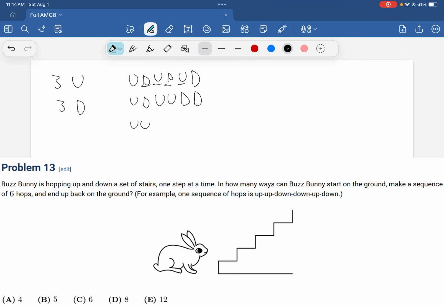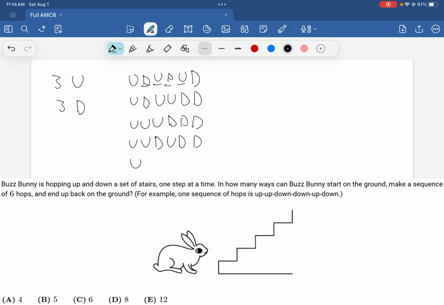Now we have to go up, up. We could go up again, and we have to go down 3 times in a row. We go up, up. We can't do up again, so we'll go down. And the last one must be down, which means this can be up, down.